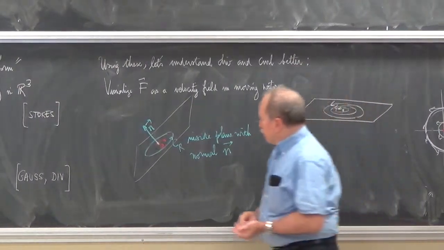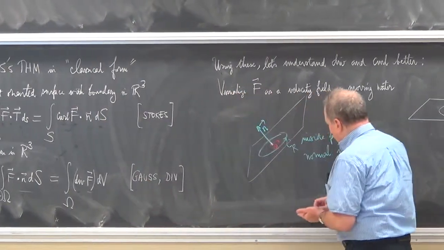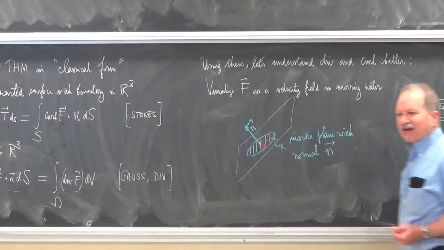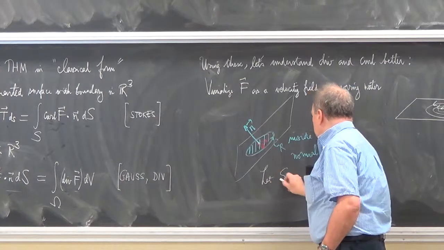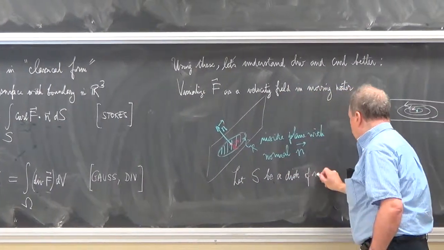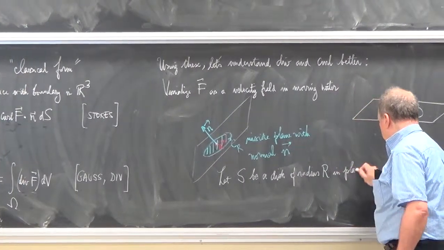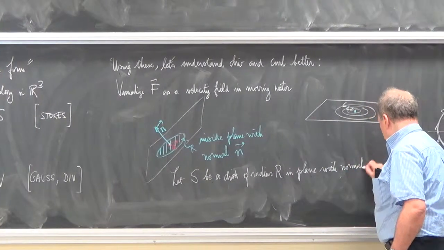What does this tell me? Well, I want an S, and there's an obvious S: fill in the disk in that plane. So let's let S be a disk of radius R in the plane with normal n.